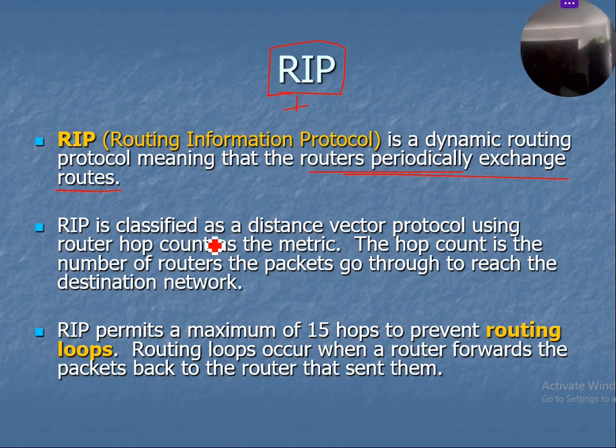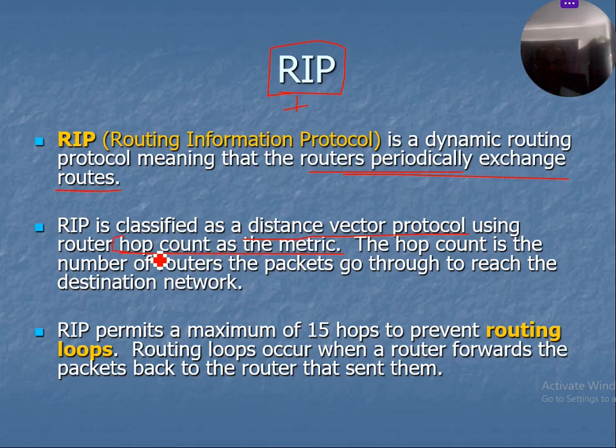Now RIP, the Routing Information Protocol, is known as a very good example of a distance vector routing protocol. In this case, the router uses what we call the hop count as its metric.